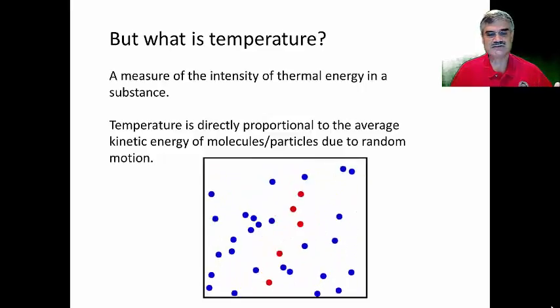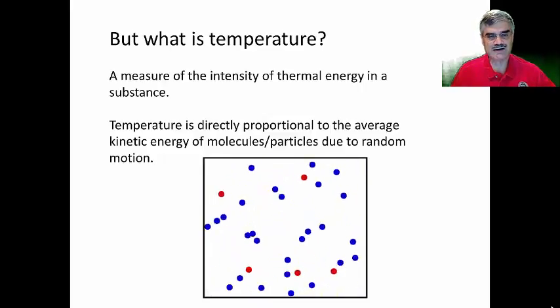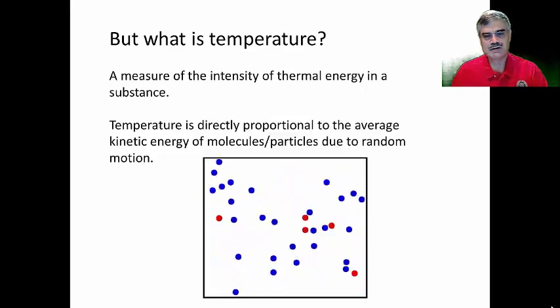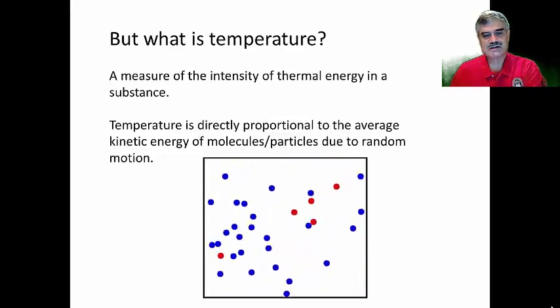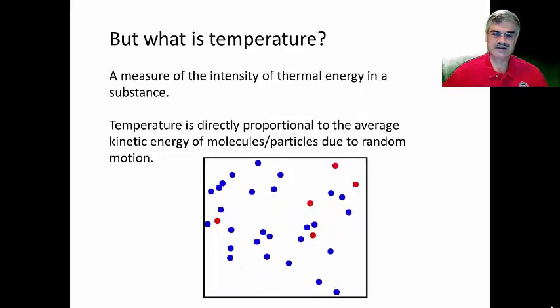And now you're going to see this visualization as it changes from a higher temperature, and as the temperature decreases, you will be able to see that the motion of the molecules decreases as we decrease temperature.